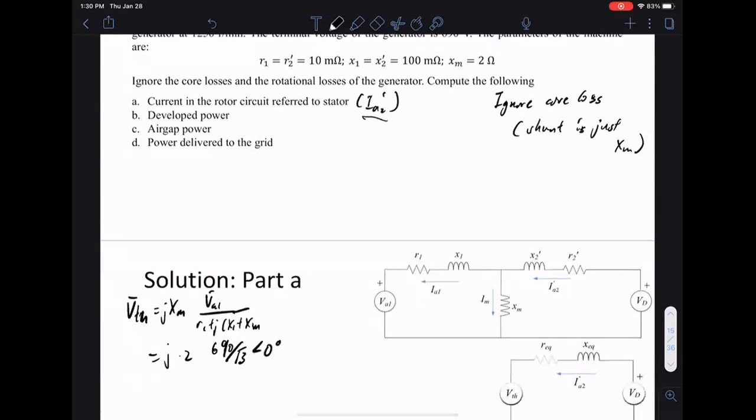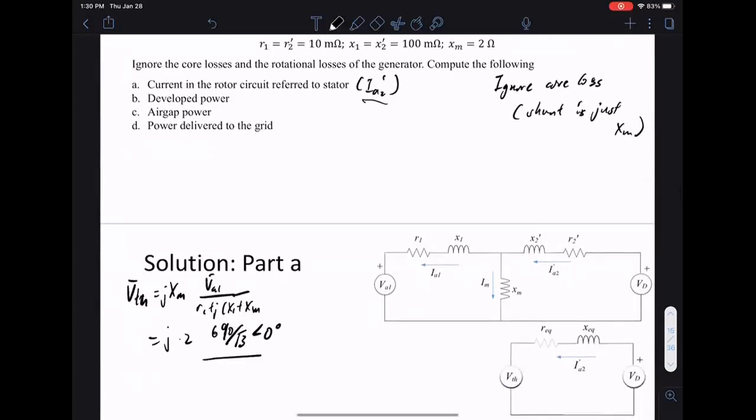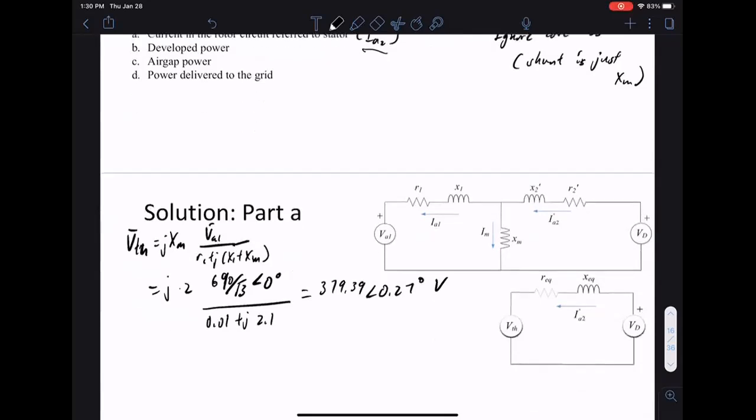We may as well take this voltage to be angle 0, so we can pick it as the reference, over 0.01 plus j2.1. Plugging in all the numbers, we get 379.39 angle 0.27 degrees volts. This is our Thevenin equivalent voltage.